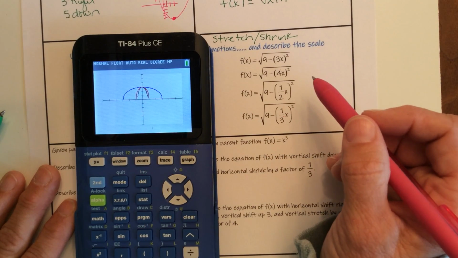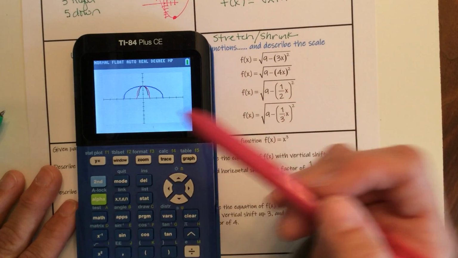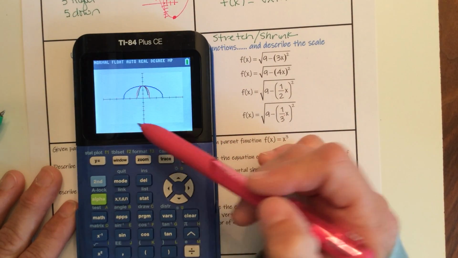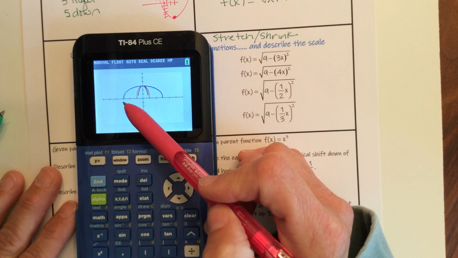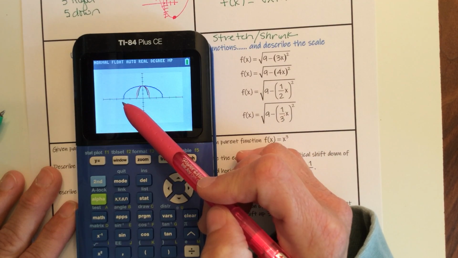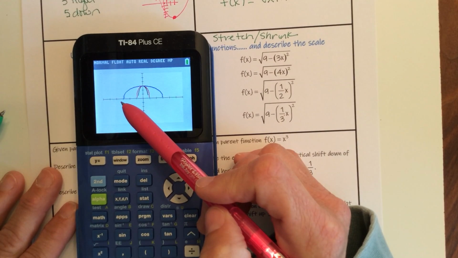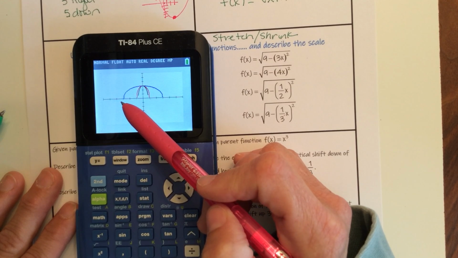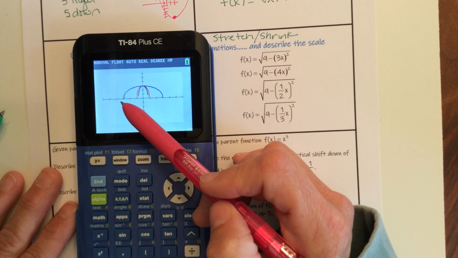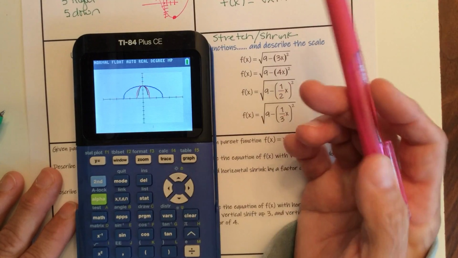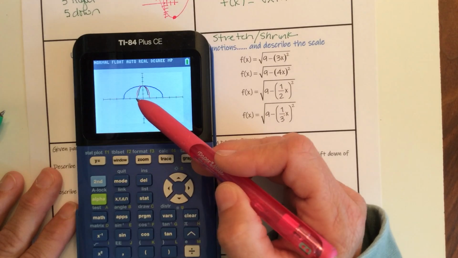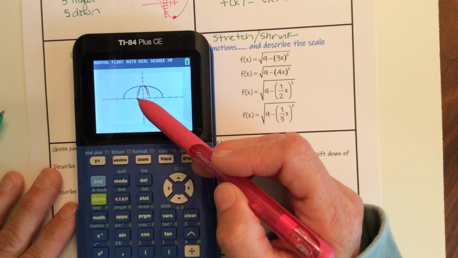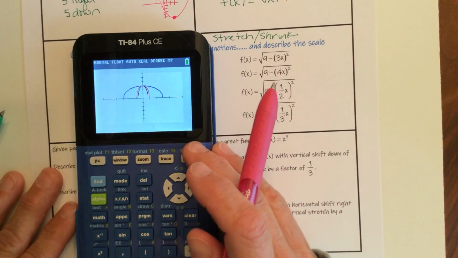So how much do you think they have shrunk by? So if you take this x value right here, that is 3, and you divide by 3 or multiply by 1/3, you get 1. And so that x value moves to x equals 1, I believe, yes.